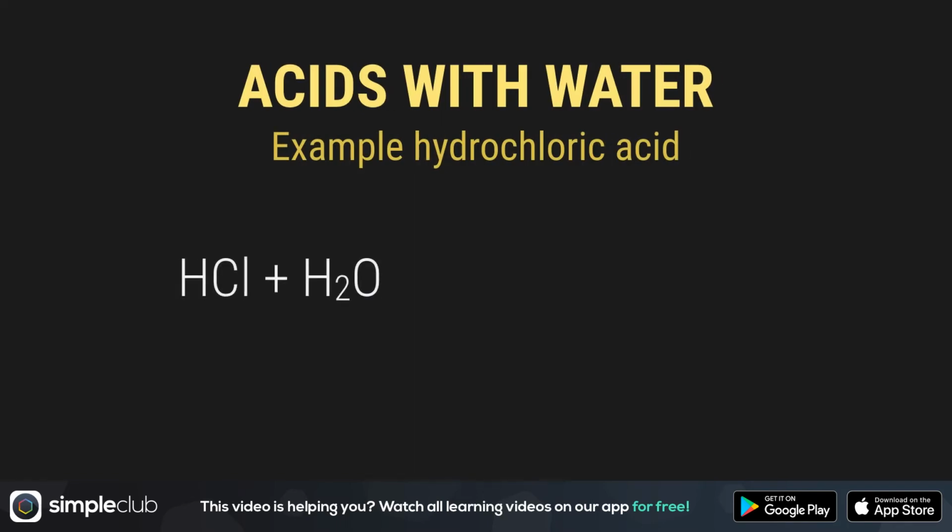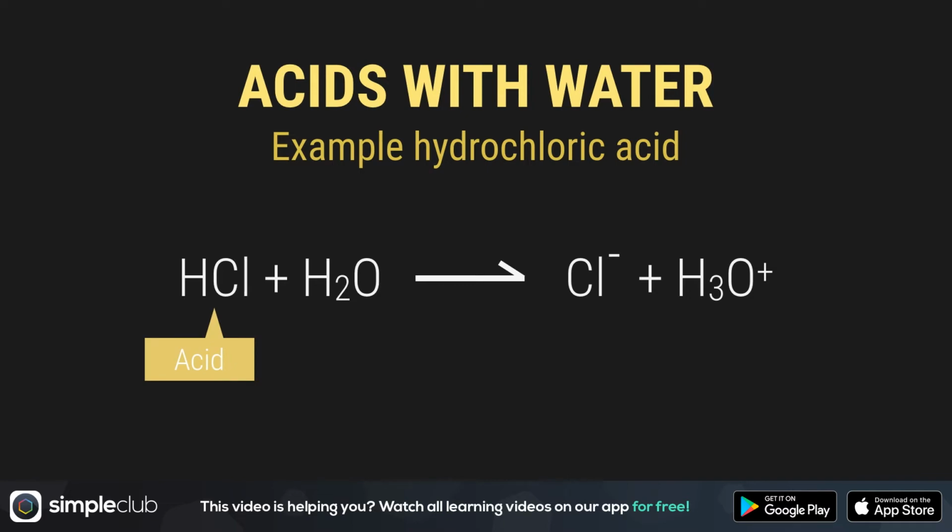Well, the hydrochloric acid donates its H+, which leaves Cl-. Now, the H+ needs to go somewhere, so it decides to go to the water. Let's think for a second. H2O and H+ together results in H3O+. HCl donates the H+. It doesn't have a choice. It's an acid. The water accepts the H+, so water is a base in this example.